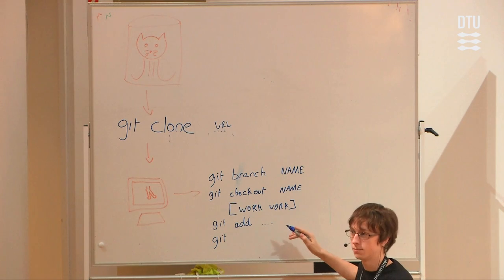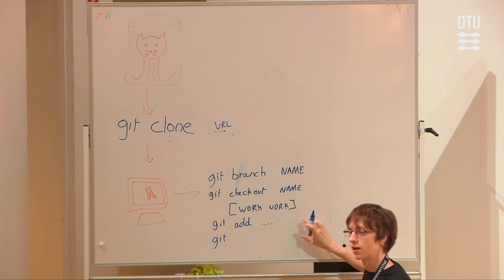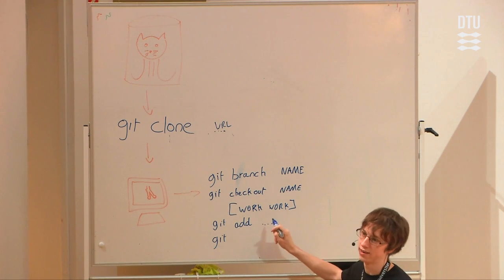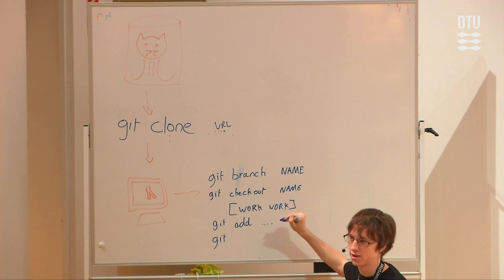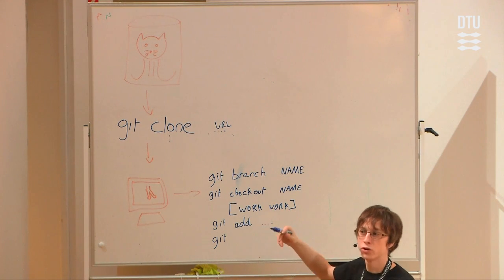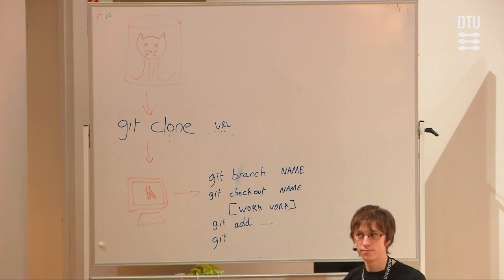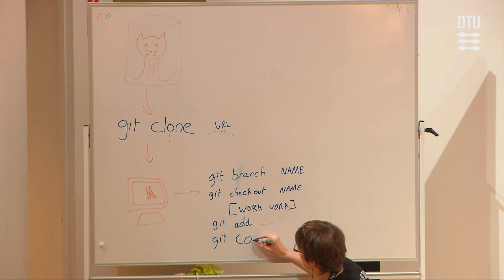Or it is, but it's not. You've changed it, but you want to say, Git, these are the changes I want to commit. Then you add it to your staging area by calling git add. And when you do a commit, it will commit everything that's in your staging area. Because you don't always want to commit everything that you've changed. Make sense? All right. And then you do git commit.